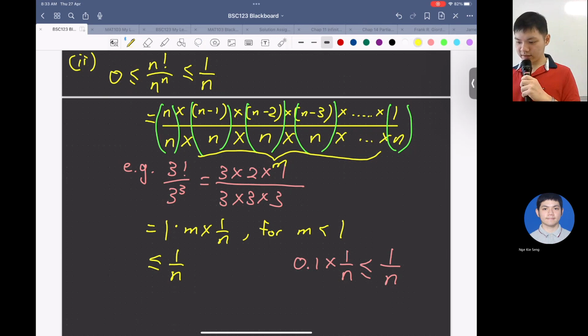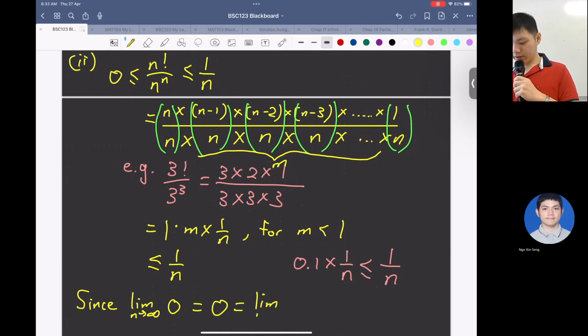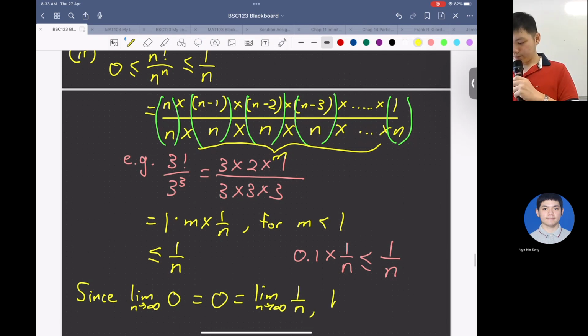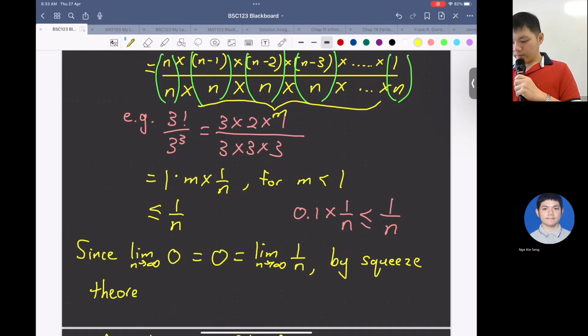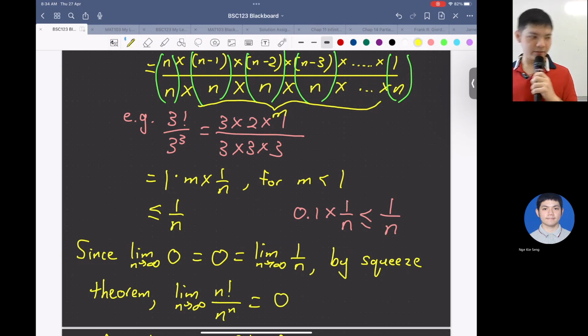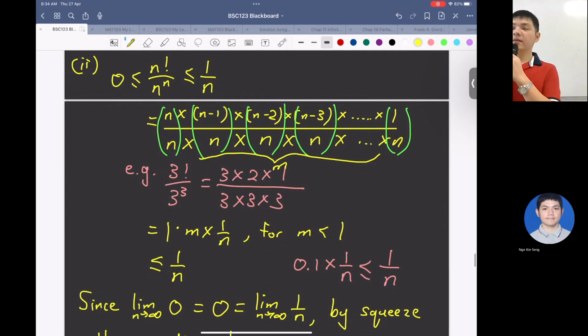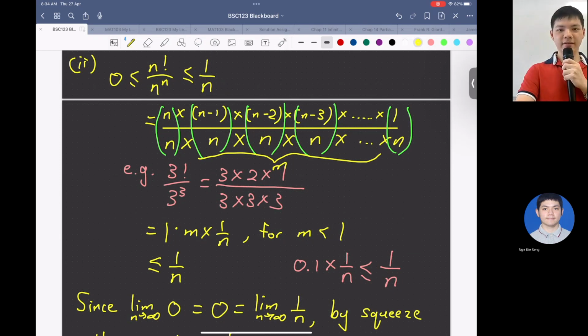Since the limit as n goes to infinity of 0 is 0, which equals the limit of 1 over n, by the squeeze theorem the limit of n factorial over n to the power n is also 0. Okay, any question?